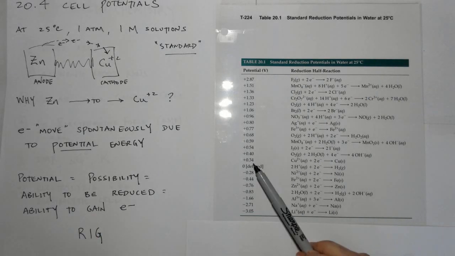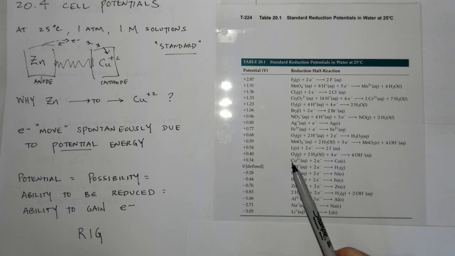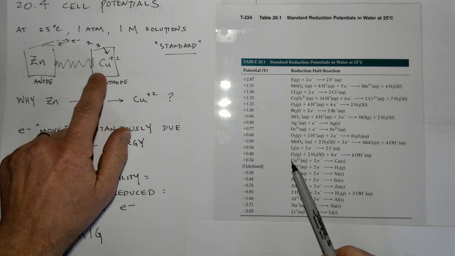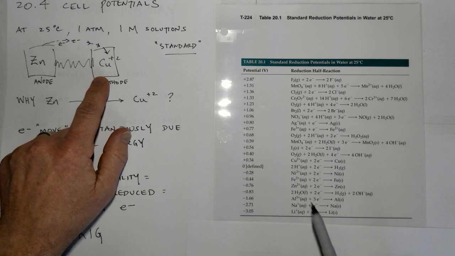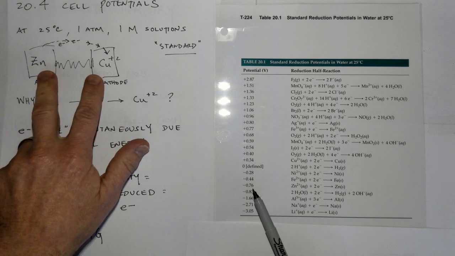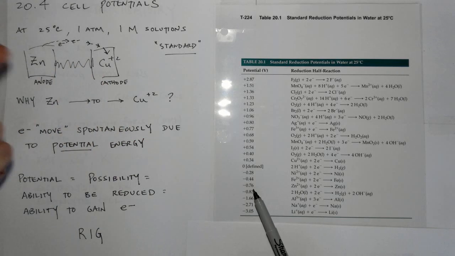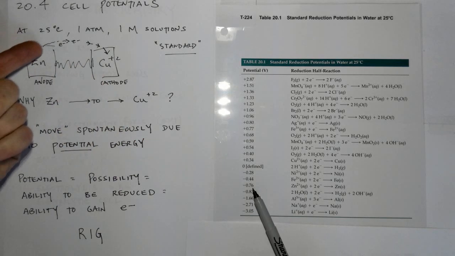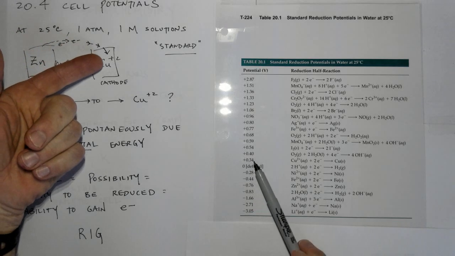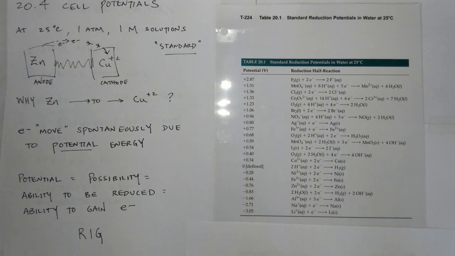You can see on this chart that copper has a positive 0.34 possibility of gaining electrons, whereas zinc has a negative 0.76 possibility. And since zinc is lower, that means it's going to be oxidized in comparison to copper, which will be our species that is reduced.